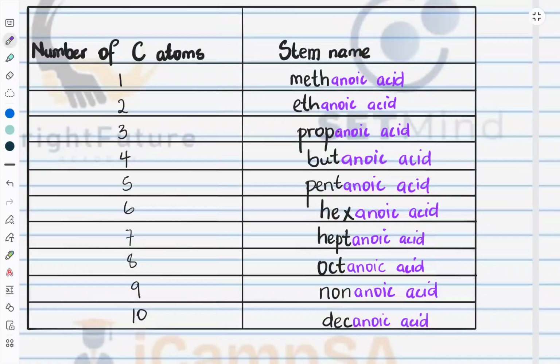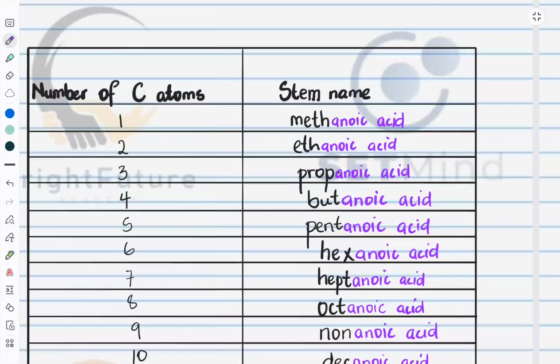So for any carboxylic acid compound that we come across, the suffix is anoic acid, but of course the stem name will then depend on how many carbon atoms are in that main chain. All right, so we can actually call this a stem name plus suffix if we want, because that's what we just did there. All right, so now let us then focus on the rules that we have when it comes to naming these organic compounds, the carboxylic acids.